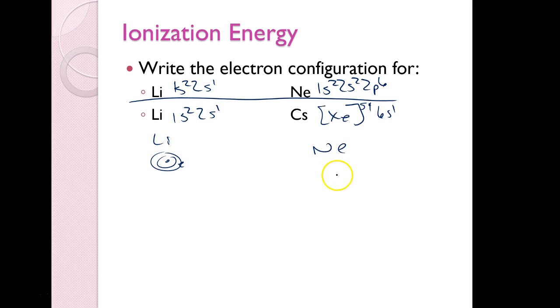For neon, 1, 2, there's my outside electron. So in terms of the size of the atom, right now they look like they're about the same. They both have 2 energy levels. The big difference is this has 10 protons, this has 3 protons, so it actually pulls the atom in, the atomic radius is smaller. Therefore, the ionization energy is larger.